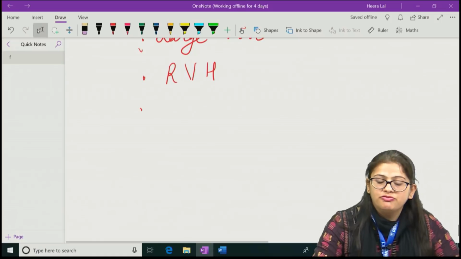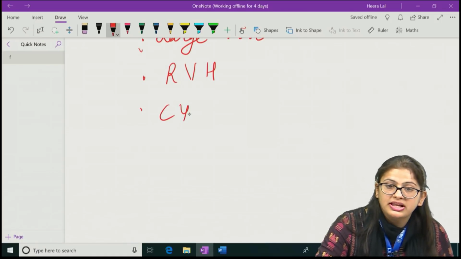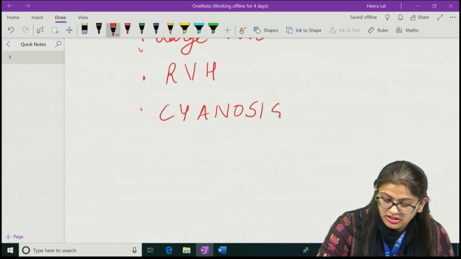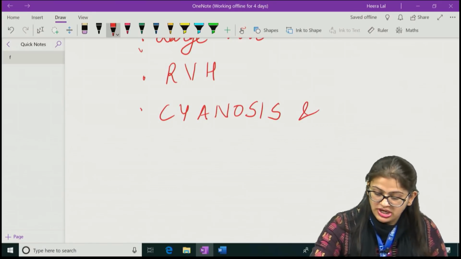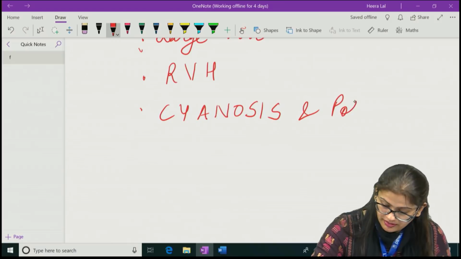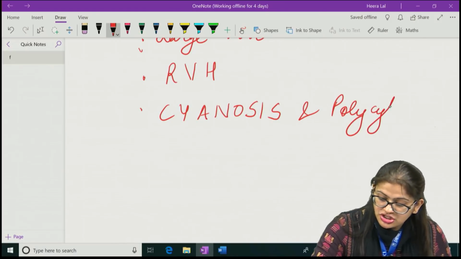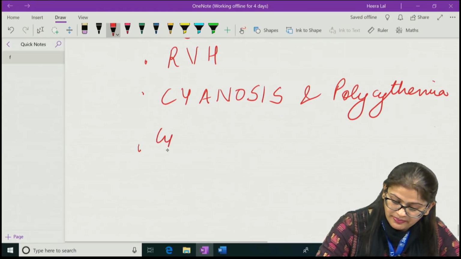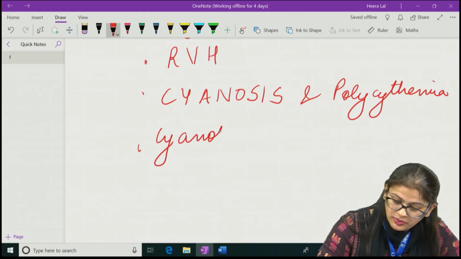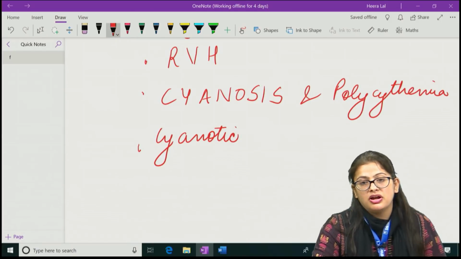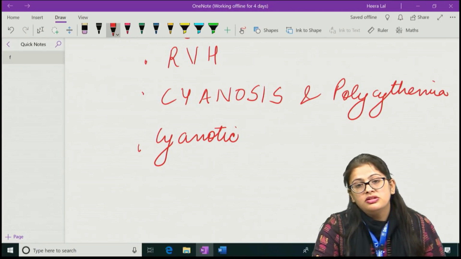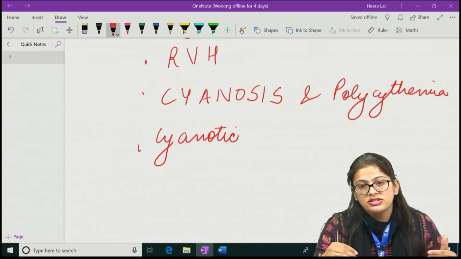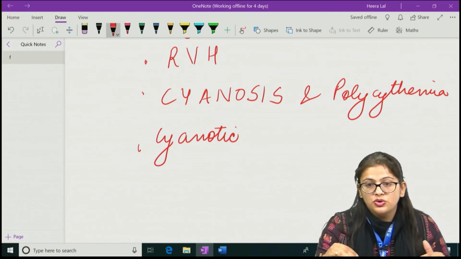The child may have both cyanosis as well as polycythemia, both resulting because of hypoxemia due to the right to left shunt. These children usually manifest with cyanotic spells, which manifest sometimes after crying or after exertion, when the pulmonary stenosis becomes severe and the blood flow across the pulmonary stenosis reduces even further.